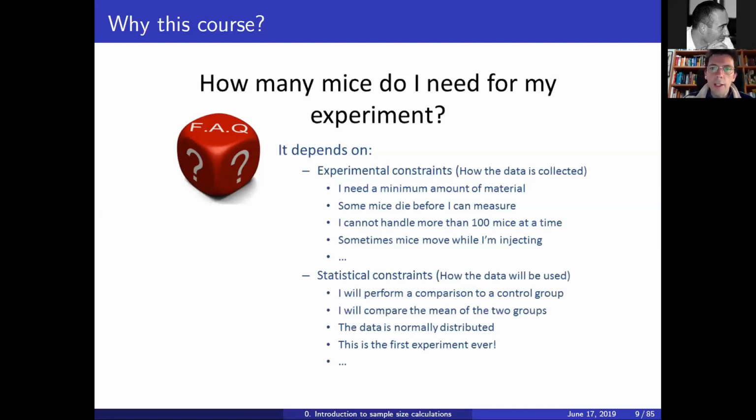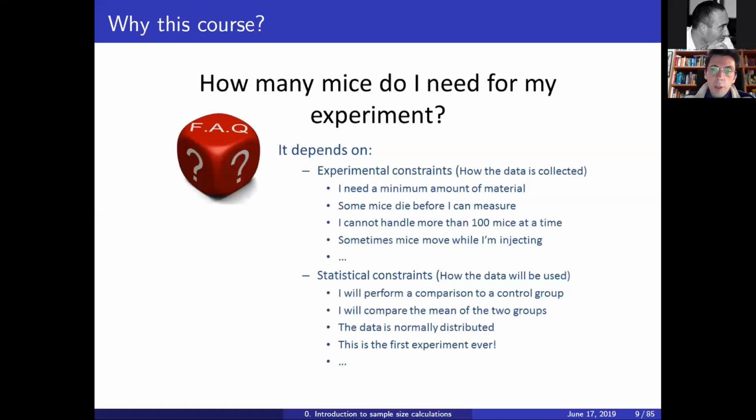For instance, you're performing an experiment where you need a minimum amount of material to do your measurements, or some mice die before you can measure, or you cannot handle more than 100 mice at a time, or whatever number you want. Sometimes the mice move while you're injecting, so the treatment is not given so well. And yeah, all these constraints, you know them better than I do.